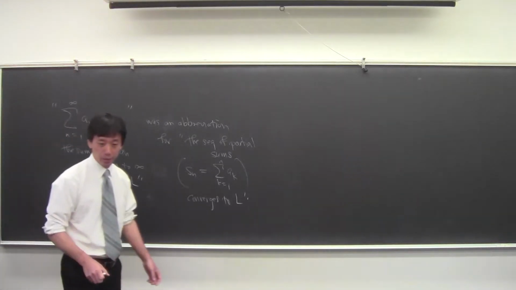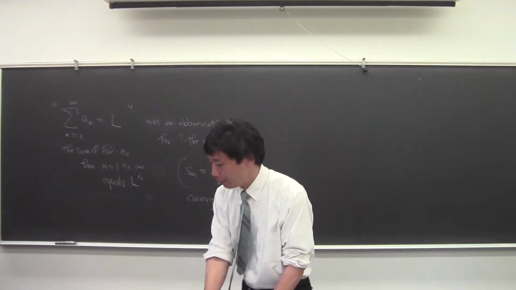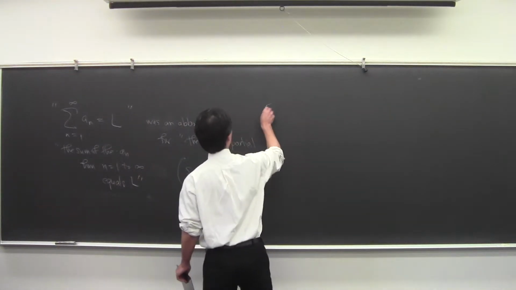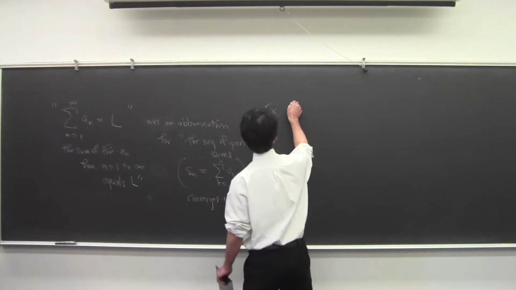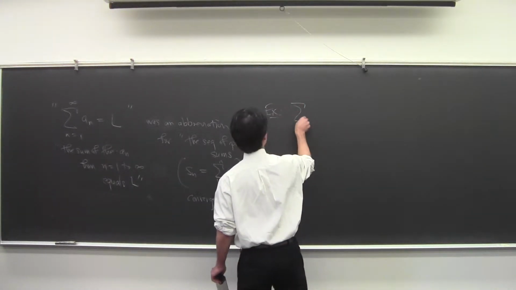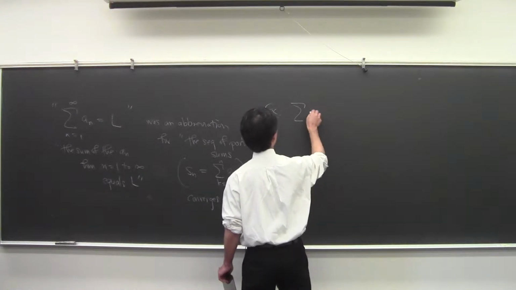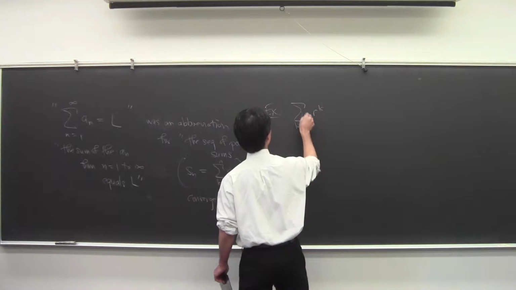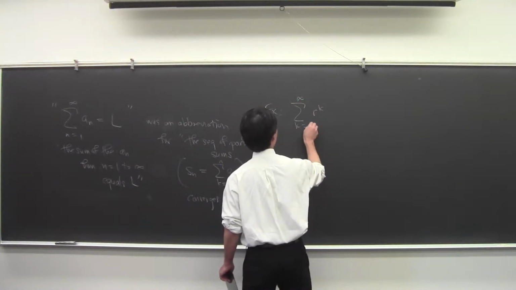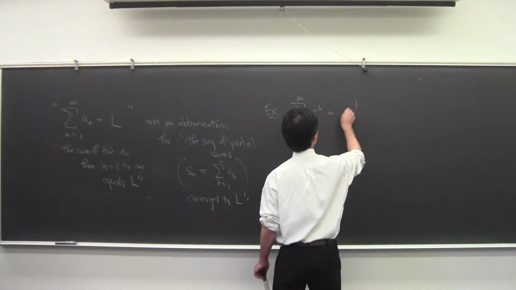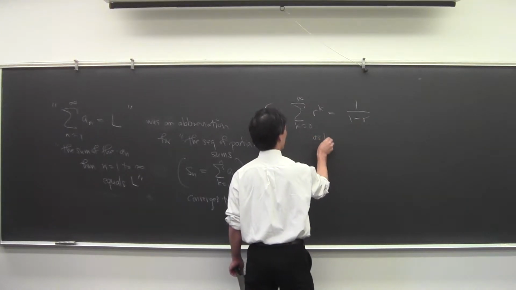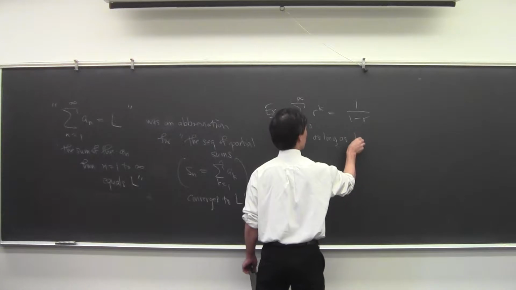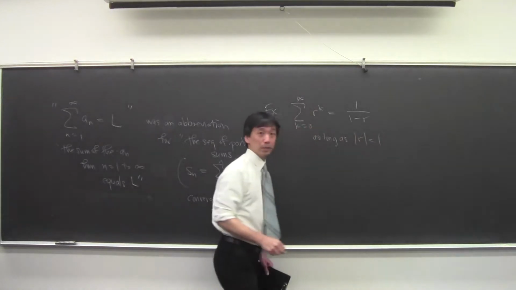Okay. And we did this example of the geometric series: the summation of r to the k from k equals 0 to infinity turned out to be 1 over 1 minus r, as long as the magnitude of r was less than 1.